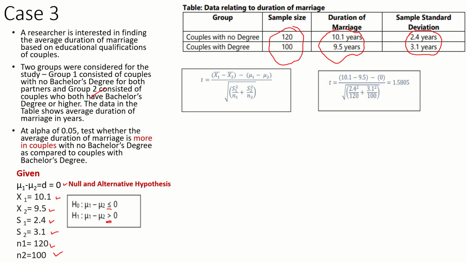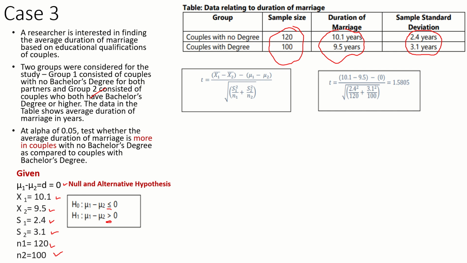So this is the t calculation: x1 bar minus x2 bar minus (mu1 minus mu2), divided by the square root of s1 square divided by n1 plus s2 square divided by n2. When mu1 minus mu2 is not given, we take it as 0. So we have filled in the values here.